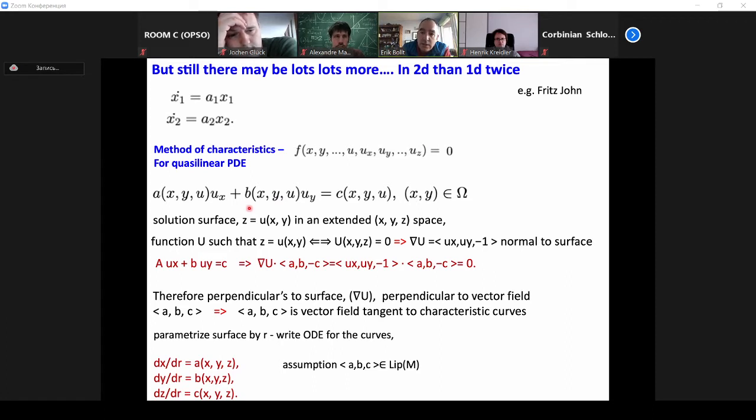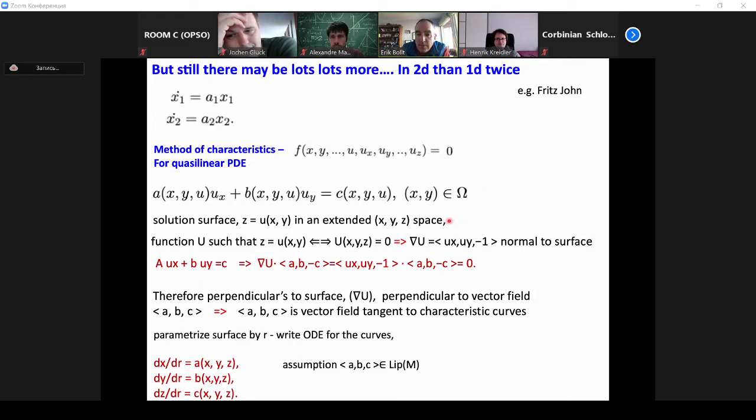A quasi-linear PDE is nice because it admits something called the method of characteristics. A PDE of this form, with simple functions multiplying the first-order derivatives, is called a quasi-linear PDE. I first learned about this in a classic book on PDEs and boundary value problems by Fritz John. If you haven't seen this, I recommend it a lot.